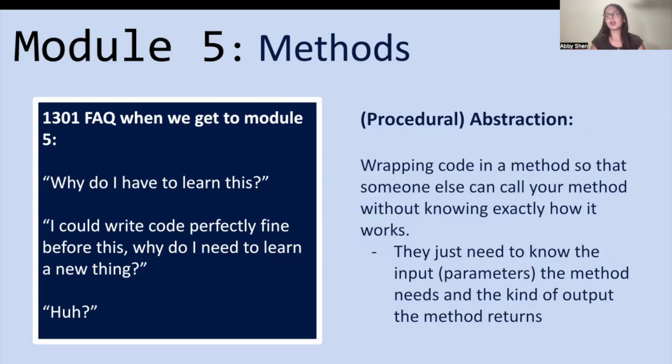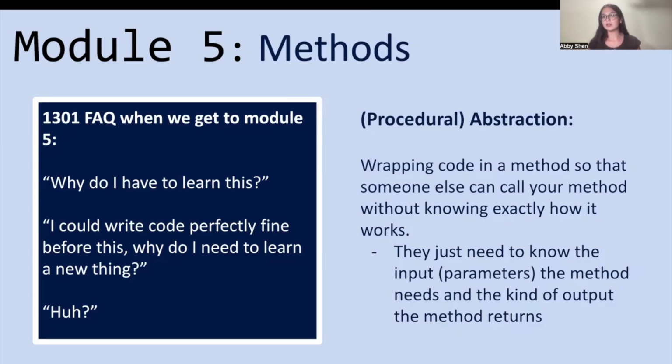So, getting more into that, we'll talk about the concept of abstraction. And so, abstraction is wrapping code in a method so that someone else, or even yourself somewhere else down the line, can call your method without knowing exactly how it works.